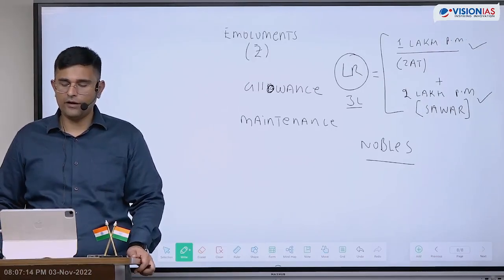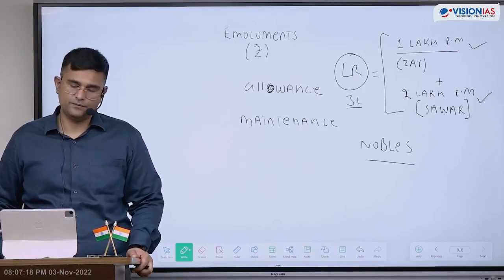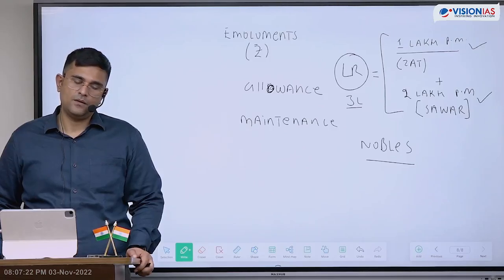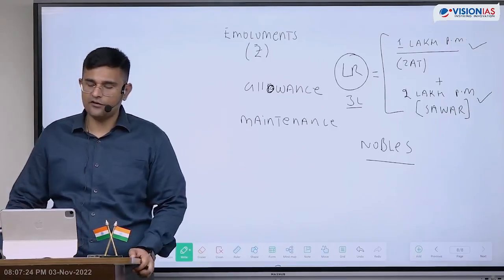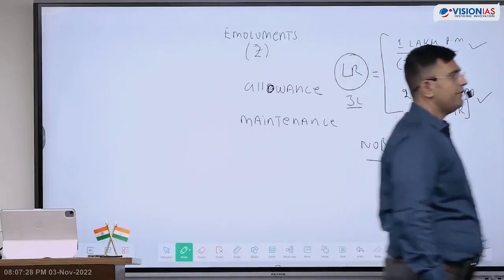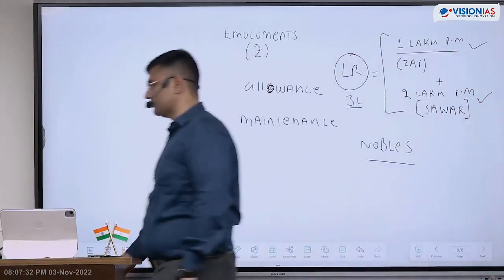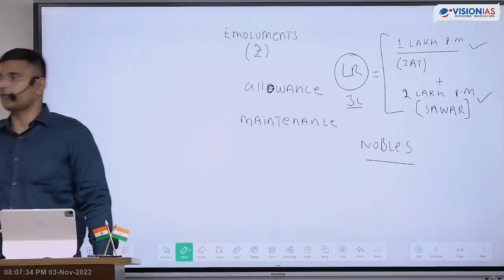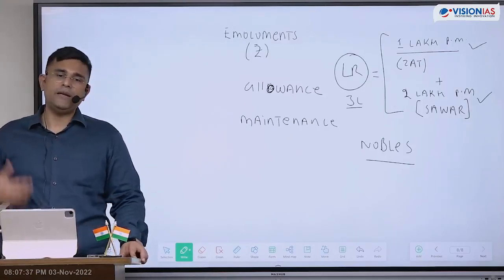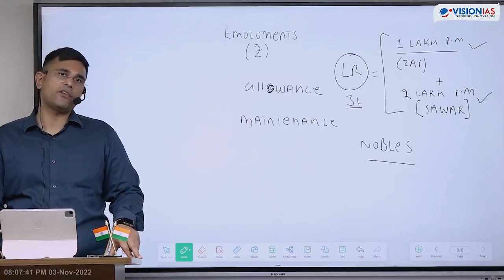Next, therefore in the Mansabdari system, a give and take relationship existed between king and Mansabdar.